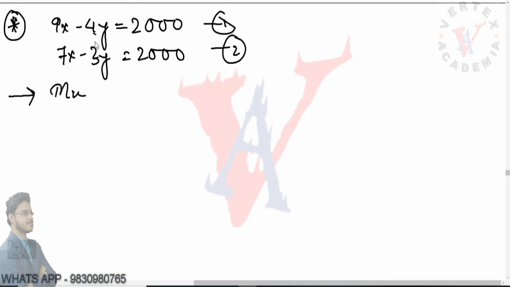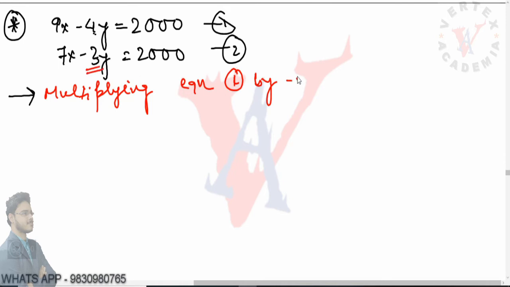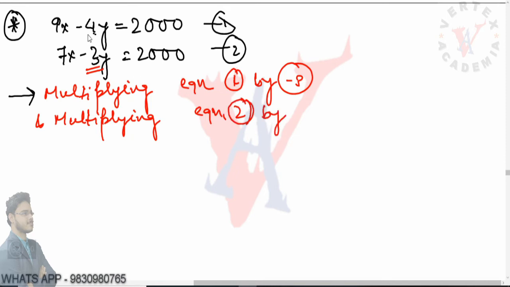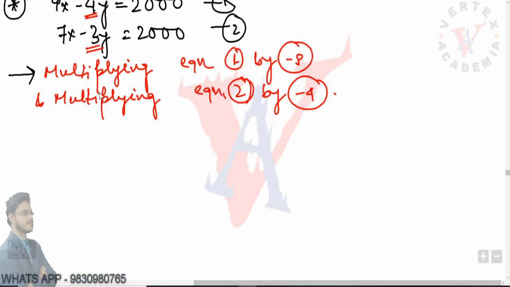Here the coefficient of y is -4, and here -3. So multiplying equation 1 by the coefficient of y in the second, -3, and multiplying equation 2 by -4, what we get is: 9x minus 4y equals 2000, multiplied by -3, becomes minus 27x plus 12y equals minus 6000.